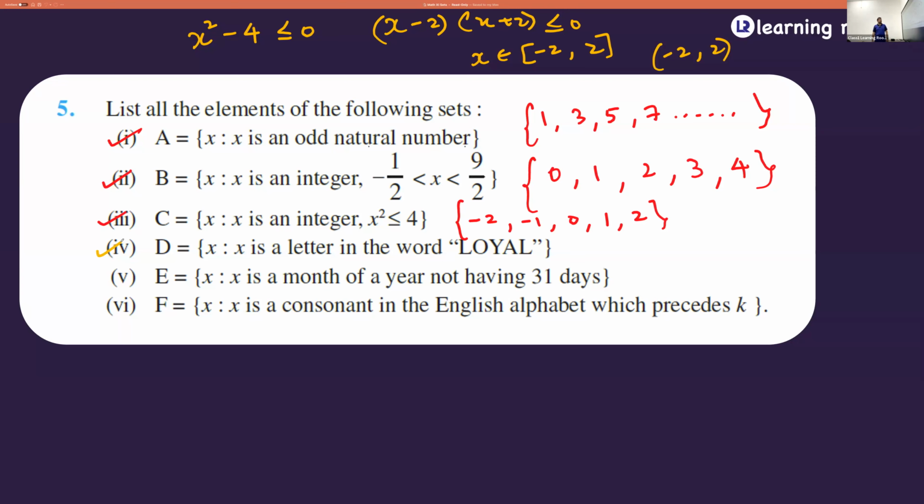So this one, X is a letter of the word loyal. L-O-Y-A-L. X is a month of the year not having 31 days.